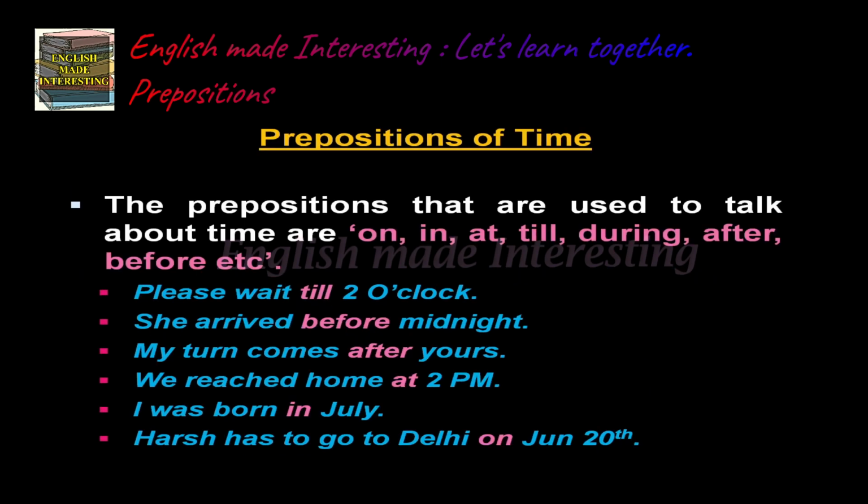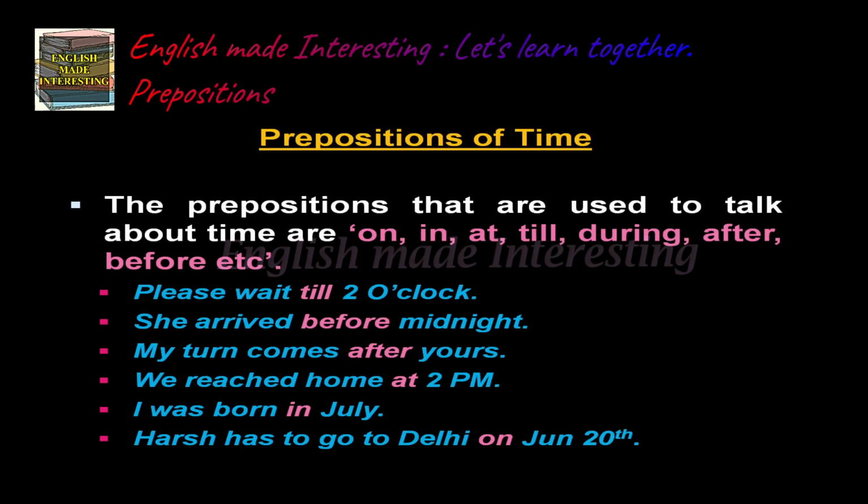Now, over to prepositions of time. The prepositions that are used to talk about time are on, in, at, till, during, after, before, etc. Look at the examples. Please wait till 2 o'clock.